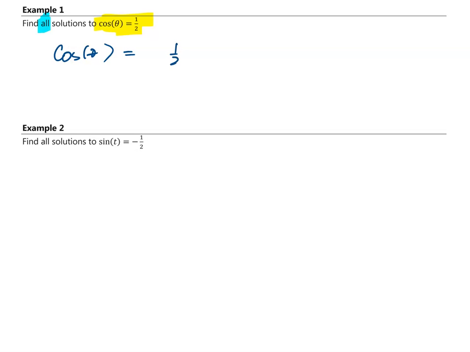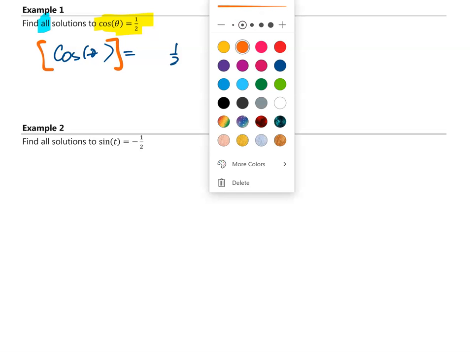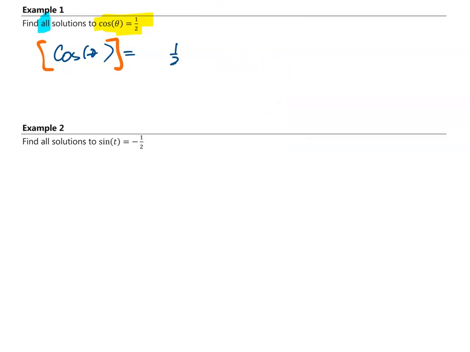And if you want to get the inverse of both sides, so that will be theta is equal to inverse cosine of 1/2.